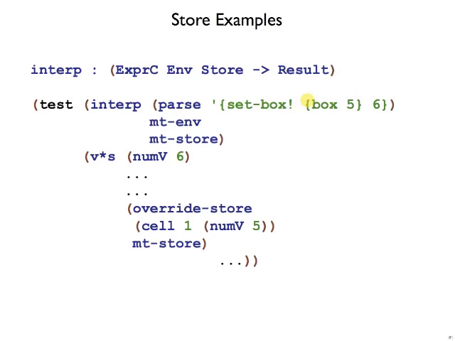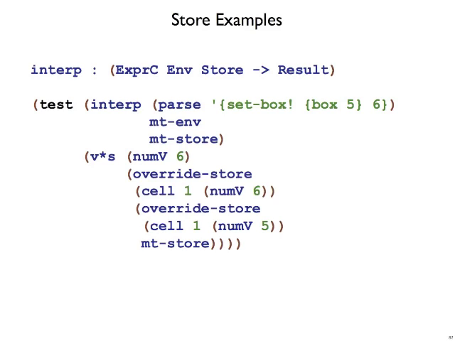As we saw before, this box 5, when we interpret that part, is going to end up changing the store. It's going to allocate cell 1, map it to 5 in the store. So the remaining question is, what else does setBox do to the store to change the 5 to a 6? And the answer is that it's going to override store cell 1 to 6 instead of 5.